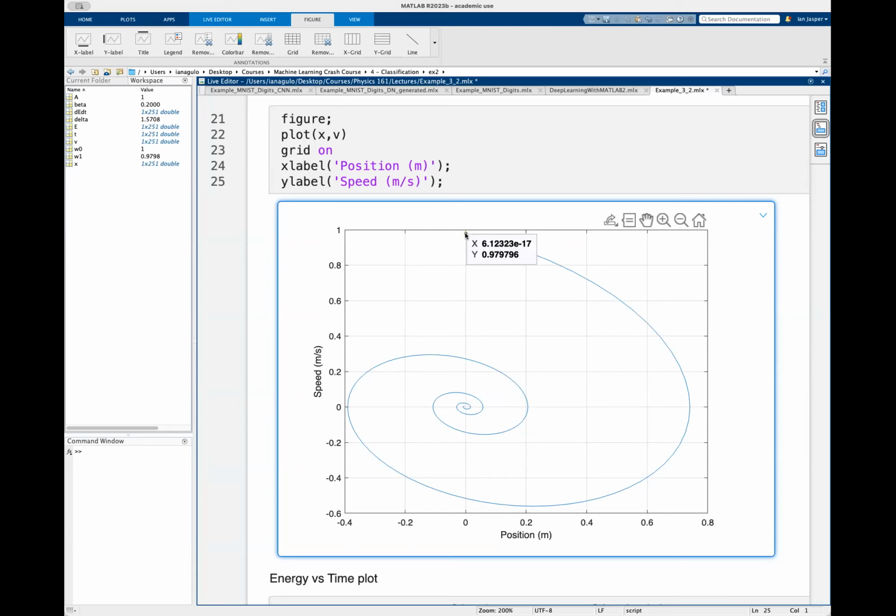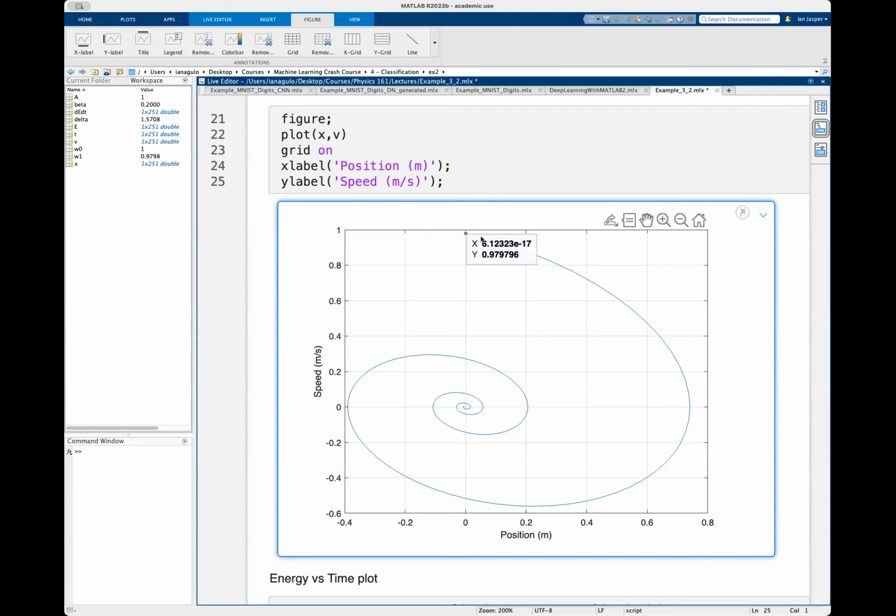Okay, so remember that the y-axis corresponds to the speed, and anything above 0 is positive, and anything below 0 is negative. Dito naman, yung x-axis is position, and anything above 0 is positive, or above the equilibrium position, and anything below 0 is negative. It's below the equilibrium position. Okay. So here we start at the equilibrium position, which is the same as yung graph kanina.